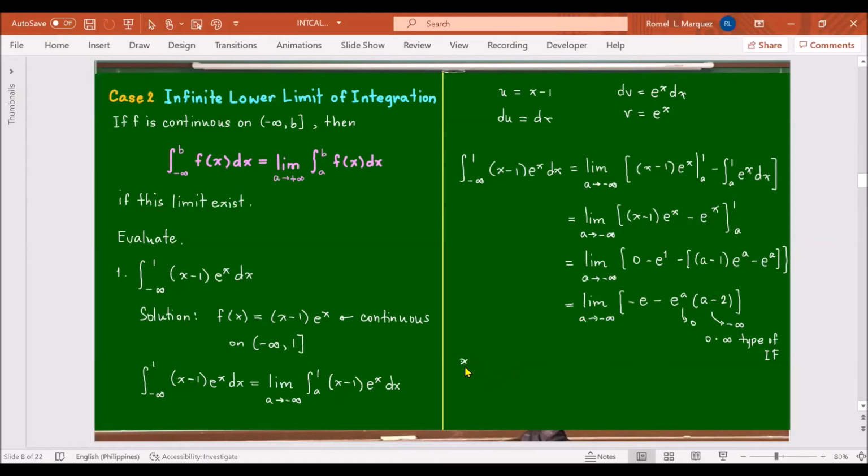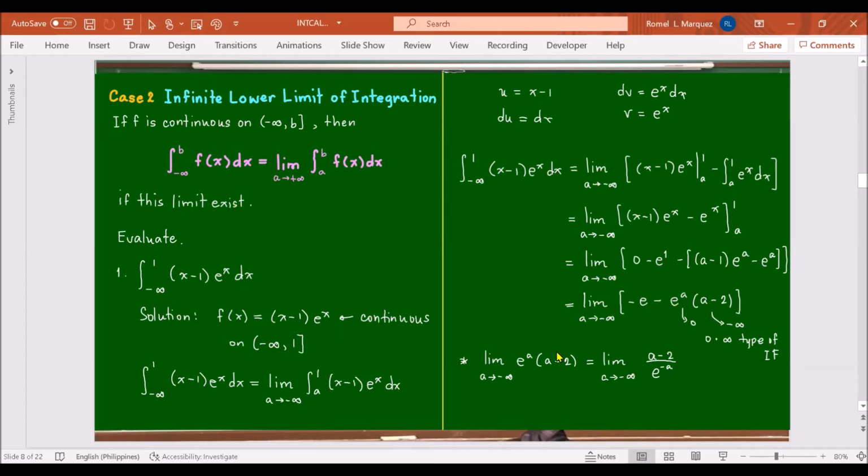We have the limit as a approaches negative infinity of e to the a times (a minus 2). This is equal to the limit as a approaches negative infinity of (a minus 2) over e to the negative a.